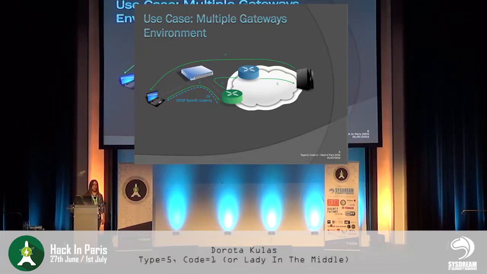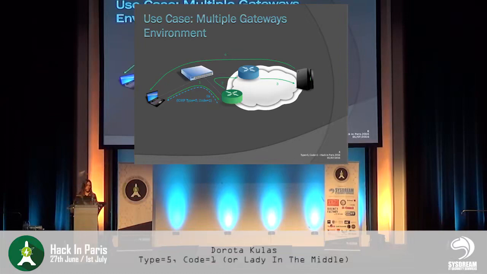So we wanted to have the shortest path to our destination. Sometimes it could happen that on one subnet, and the switch here depicts one subnet, like a /24, all three devices are connected directly: this laptop, our user, and two routers are on the same subnet. Imagine that you, as a user, are sending a packet to your default gateway, which is this green router.